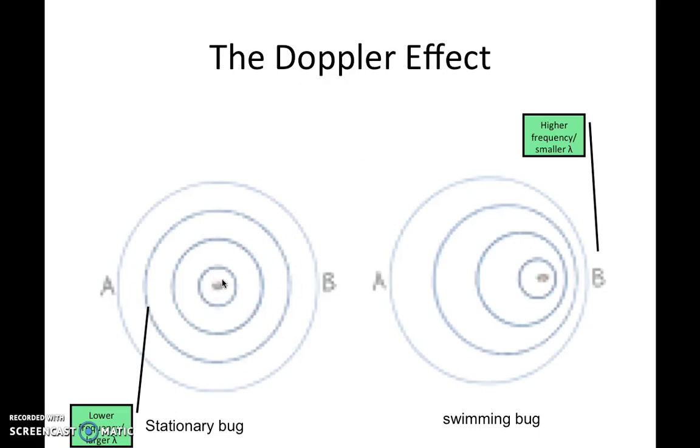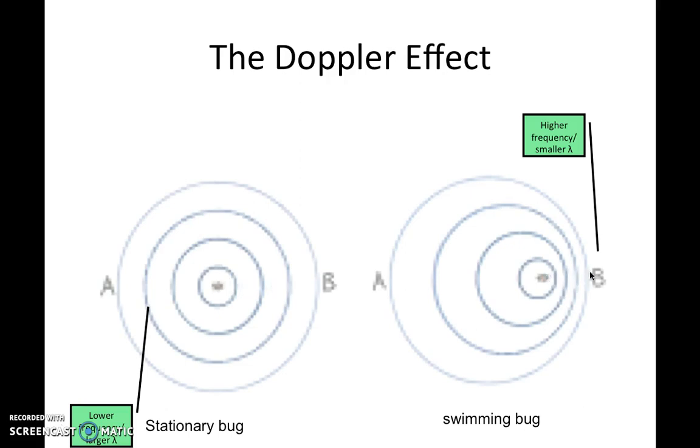So we can imagine it like a little stationary bug in the water, right? If the bug is just sitting there and bobbing up and down, then it's producing these transverse ripples in the water. And we can measure frequency by measuring wavelength, right? So all of these waves have the same wavelength, therefore the same frequency. But if the bug starts to move this way, it actually catches up to the waves that it's already produced.